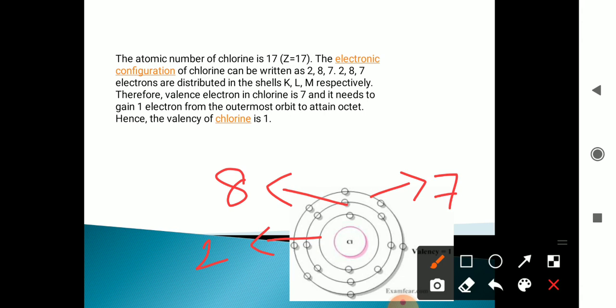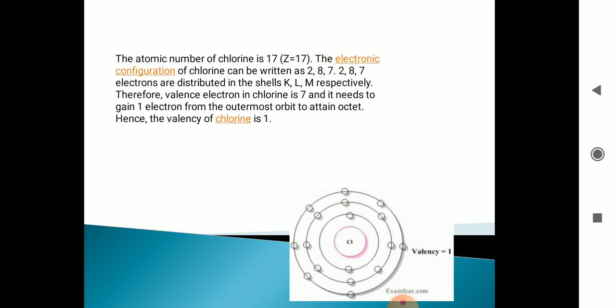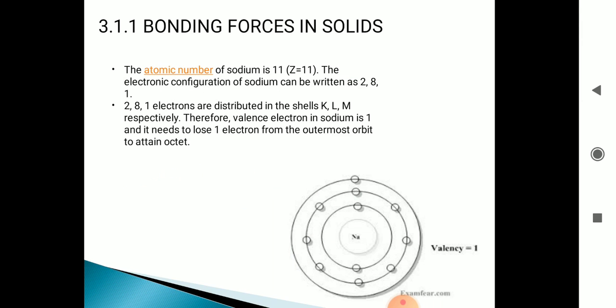So 7 electrons in the third orbit. 2 plus 8 plus 7 is nothing but 17, the atomic number. Based on that atomic number, the electrons occupy the first shell, second shell, and third shell. The electrons are placed in the orbits by the formula 2n square.